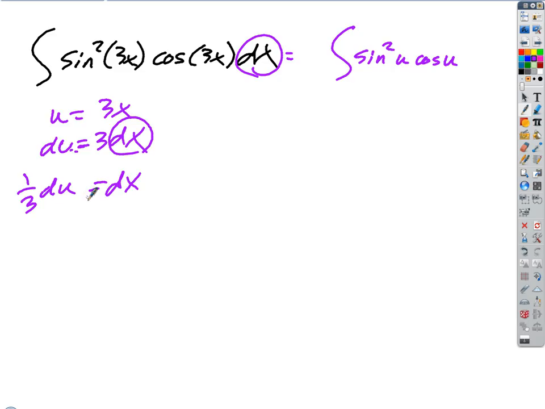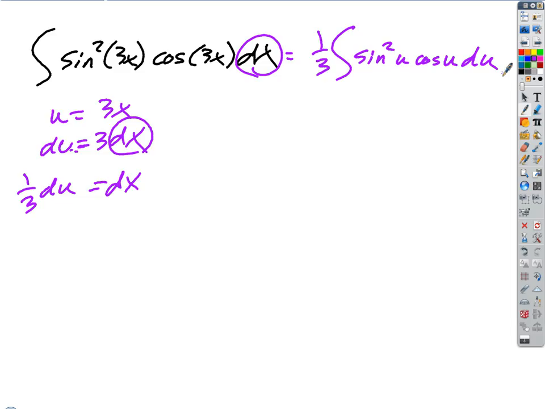Good, so 1/3 du, pull the 1/3 out front. Okay, now what? That's not one we know, is it? Nope. We might need to make another substitution.